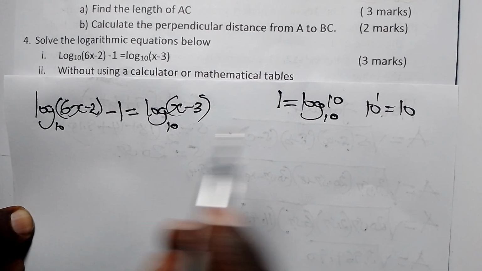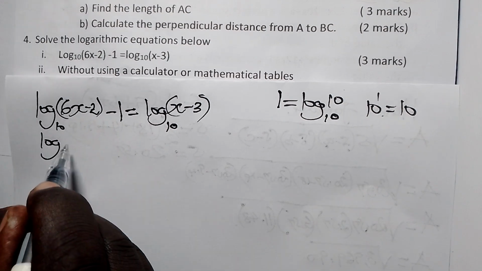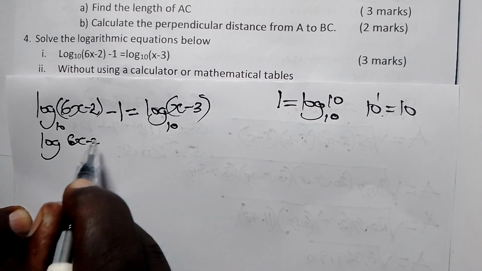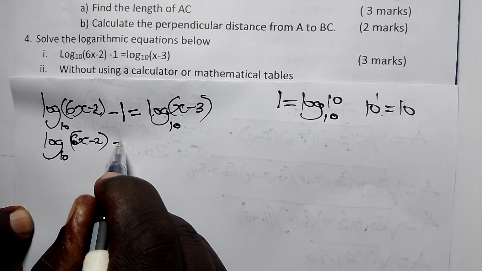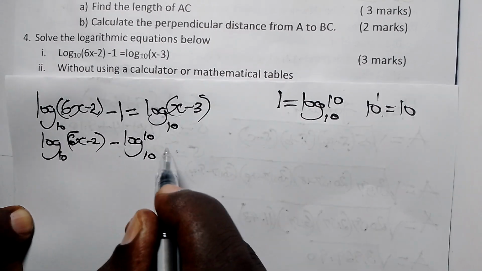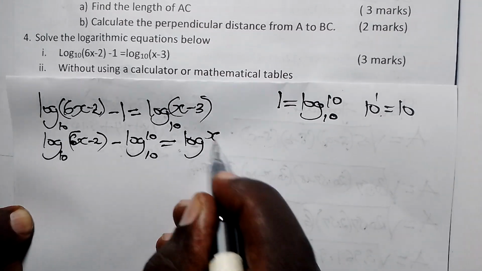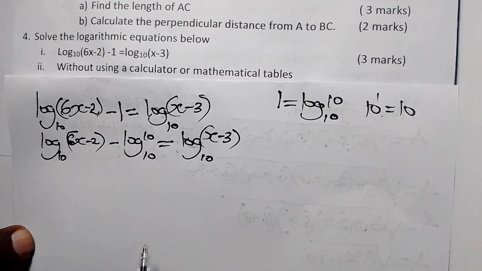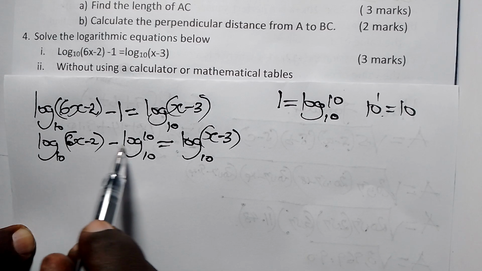Now, having known that, we shall write this as the log of 6x minus 2 base 10 minus the log of 10 base 10 to be equal to the log of x minus 3 base 10. We only subtract logs when we are dividing two numbers.